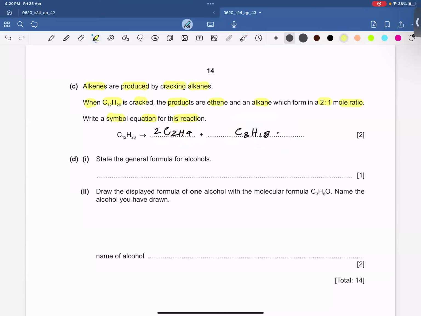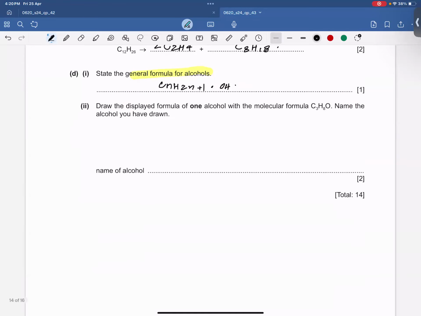Okay. State the general formula of alcohol. That's easy. CnH2n+1OH. Draw the displayed formula of one alcohol with the molecular formula C3H8O. Name the alcohol you have drawn. So a 3 carbon atom alcohol is this. The examiner is looking for the displayed formula, which means you need to mention all the atoms and all the bonds.